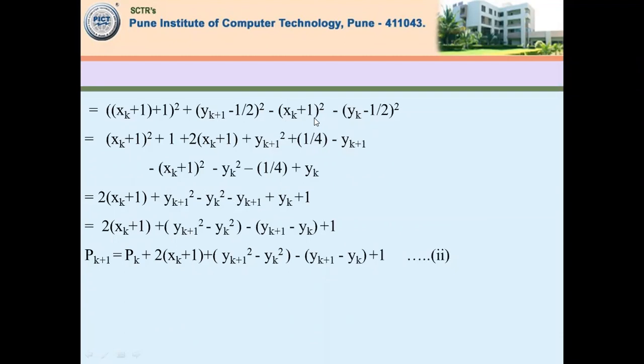But xk plus 1 you can change, you can write it as xk plus 1, then square it. Do all these calculations. After that you will get this equation finally. Some terms get cancelled out, then some terms get added to each other or subtracted from each other, and finally you will get this equation.